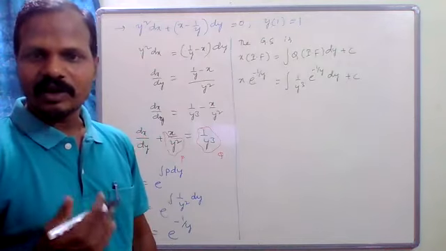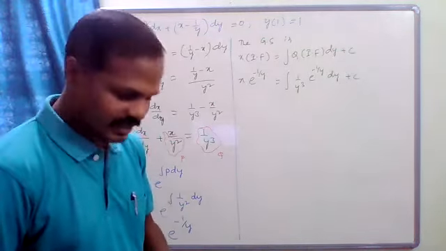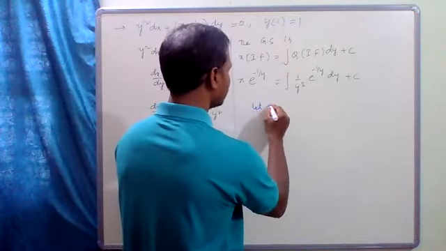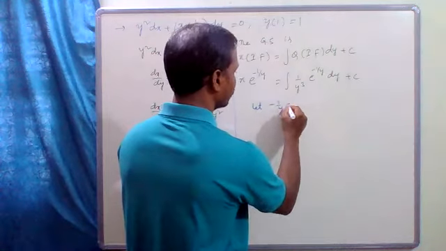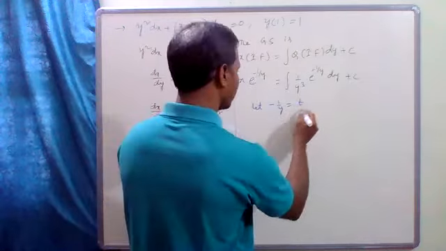So let 1 by y be t. For simplicity, I am taking minus 1 by y equal to t.